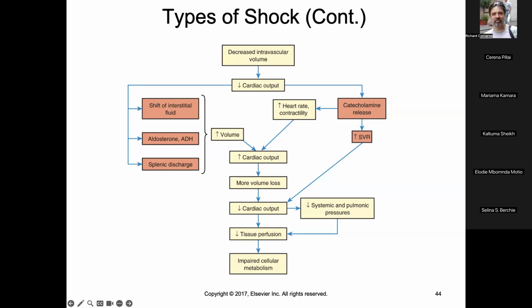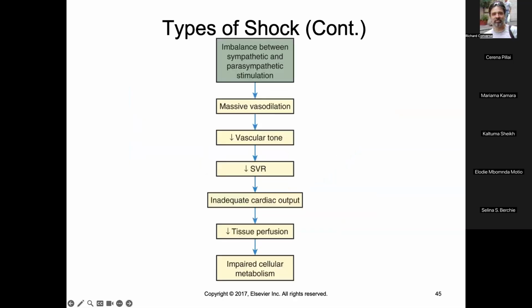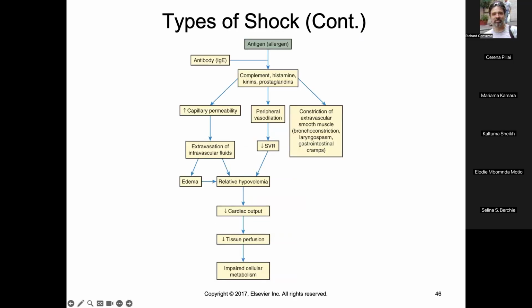And all of this will, again, feed into the loop at the bottom, okay? An imbalance between sympathetic and parasympathetic stimulation can cause massive vasodilation, a decrease in vascular tone, a decrease in stroke volume, and inadequate cardiac output, reduction in tissue perfusion, reduction in metabolism.